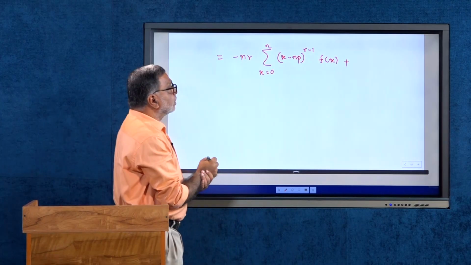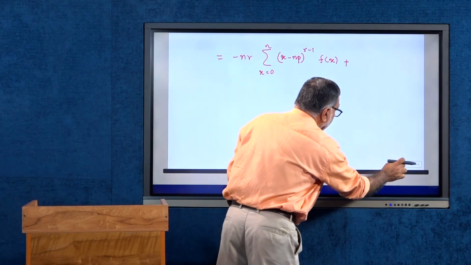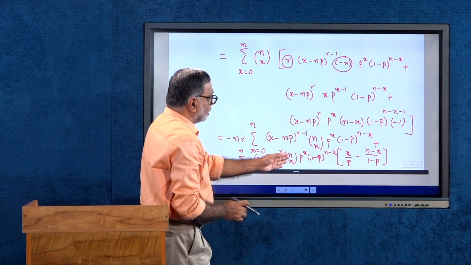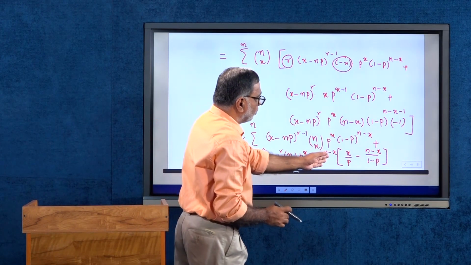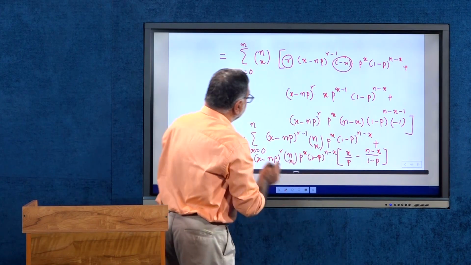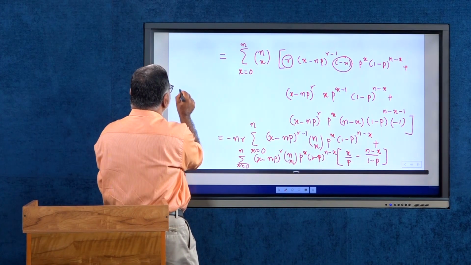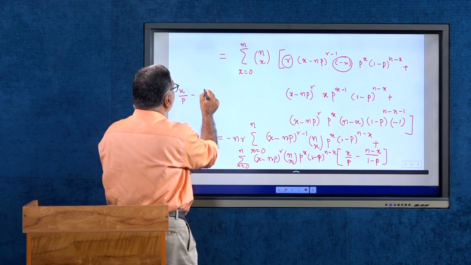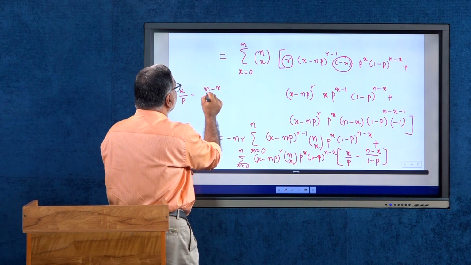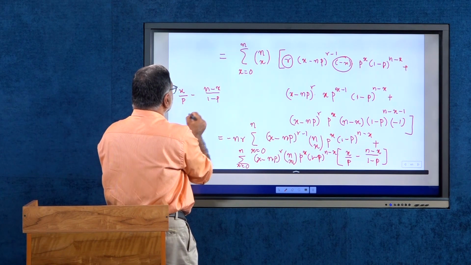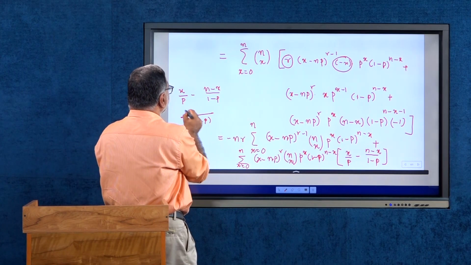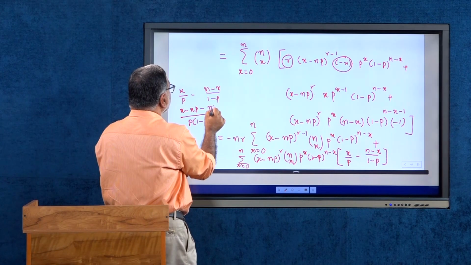plus, and just look, the second expression is what, (x minus np) power r nCx p power x (1 minus p) power n minus x, and when we are simplifying that expression, you can see this x by p minus (n minus x) divided by 1 minus p is nothing but 1 by p into (1 minus p) times x minus xp minus np plus xp.